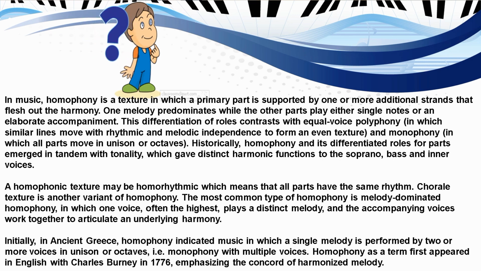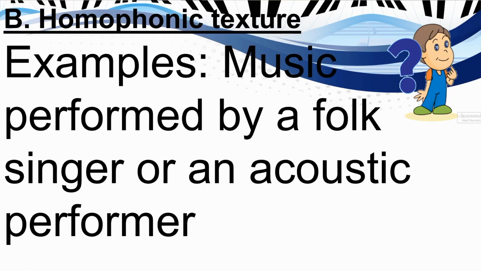Homophony as a term first appeared in English with Charles Burney in 1776, emphasizing the concord of harmonized melody. An example of a homophonic texture is music performed by a folk singer or an acoustic performer.